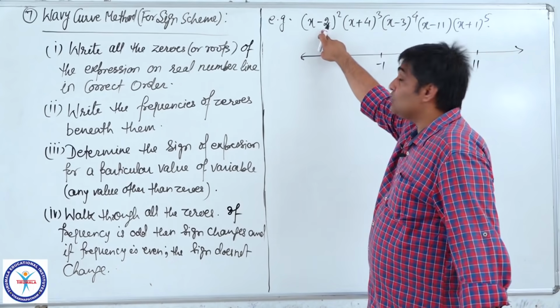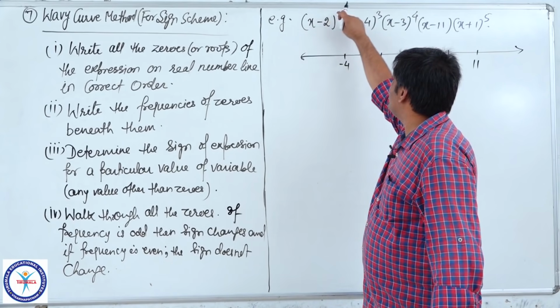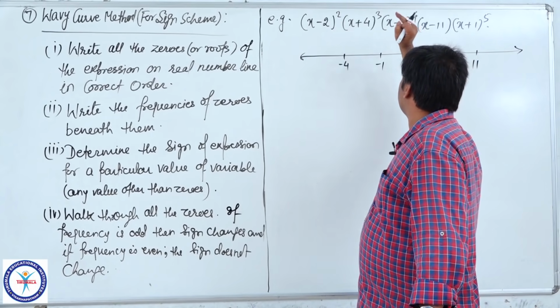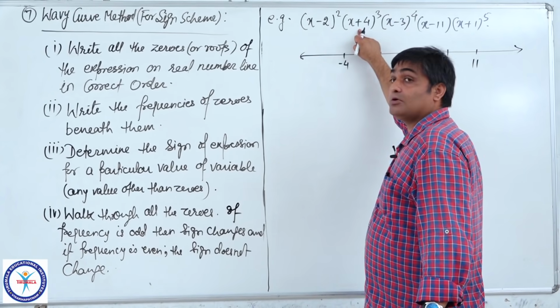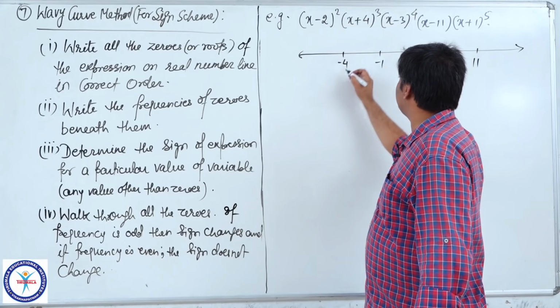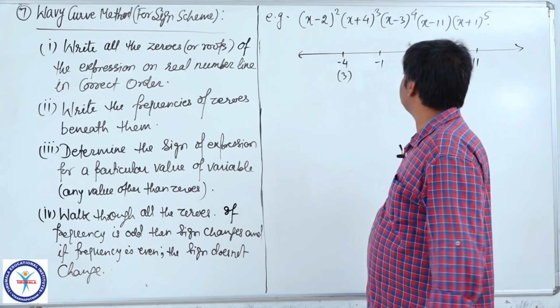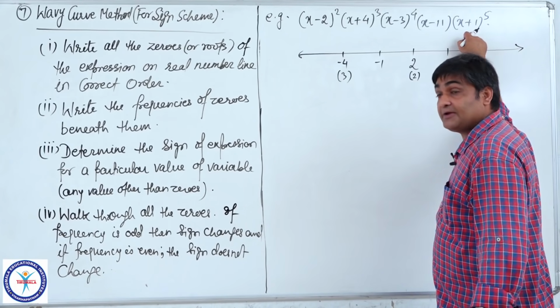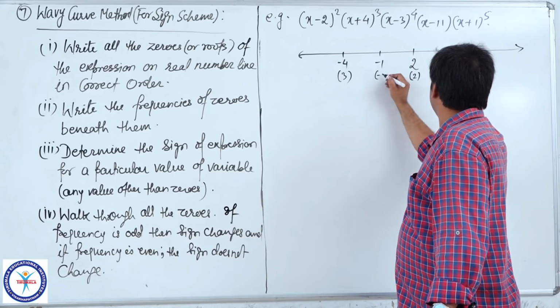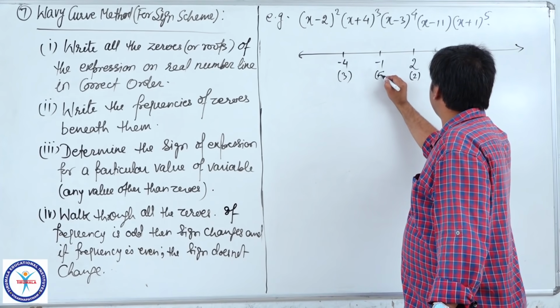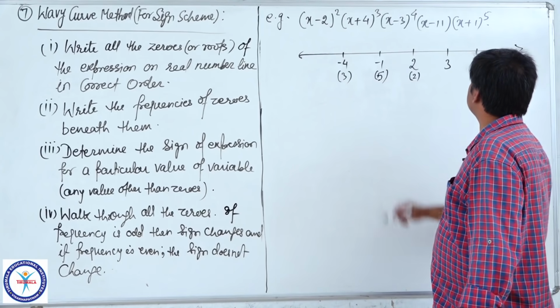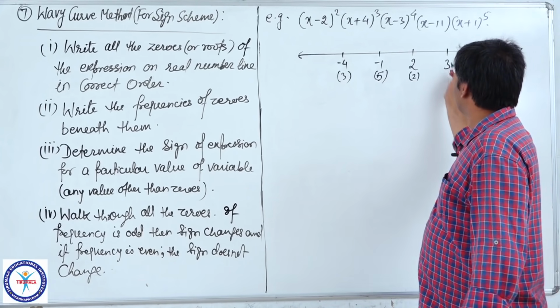So 2 is a root, its frequency is 2. Minus 4 is a root, whose frequency is 3. Minus 1 is a root. What is the frequency? 5. And what is the frequency of 3?